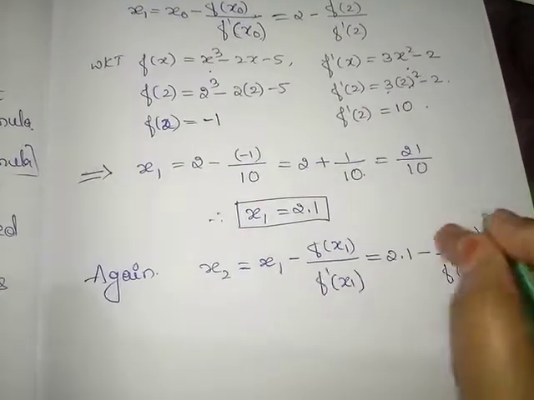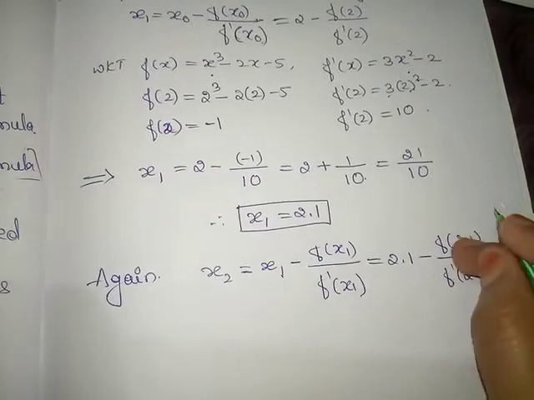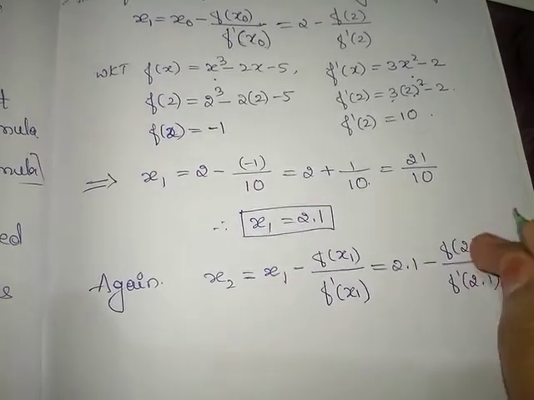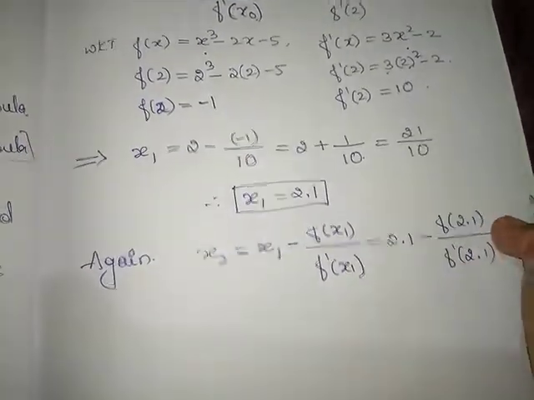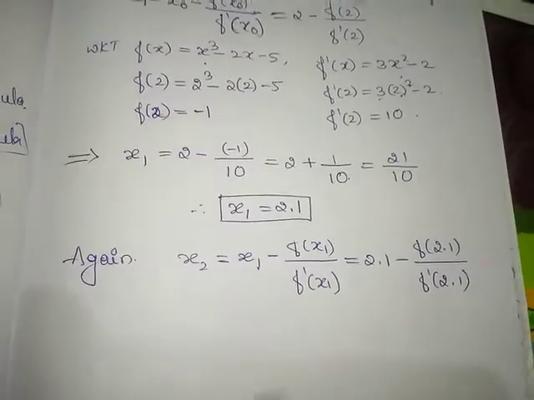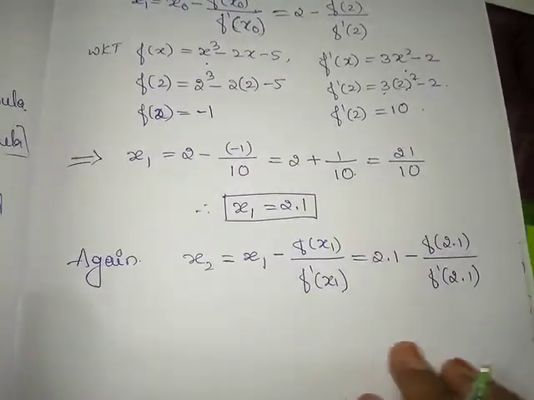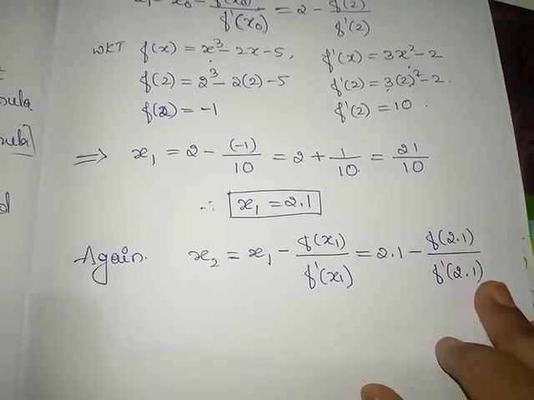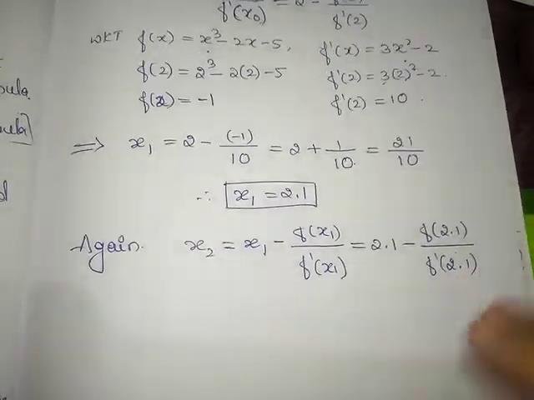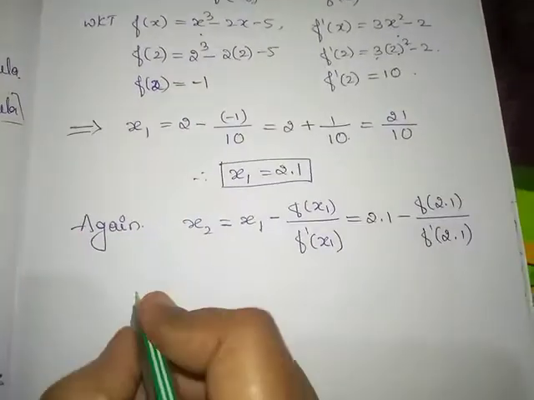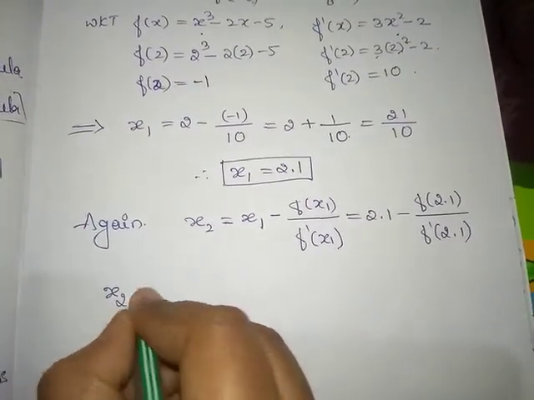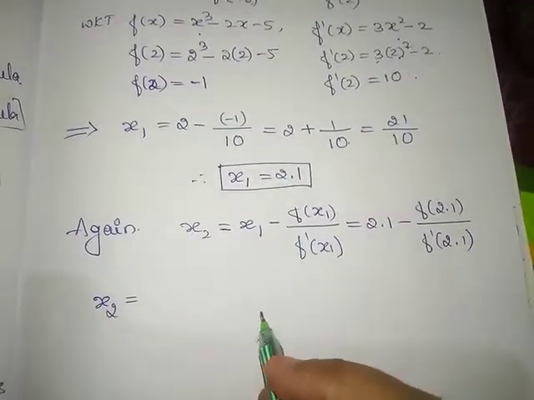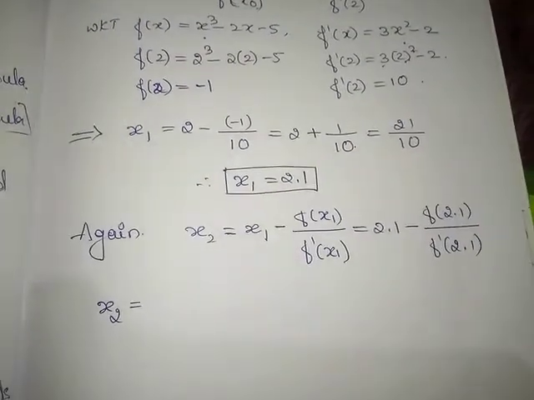If you want, directly substitute here, x cube minus 2x minus 5 means 2.1 whole cube minus 2 into 2.1 minus 5. Otherwise separately calculate f of 2.1 and f dash of 2.1, and after that substitute here. Whichever you choose, go for it.